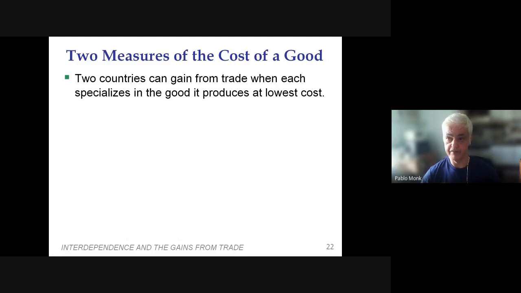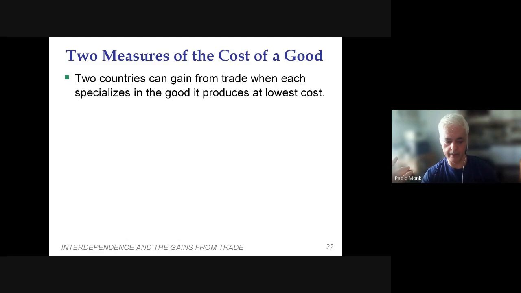Why? Because each country can specialize in the good that it can produce at the lowest cost. So even though maybe you don't have an advantage compared to the other country, when you look at two products, in this case wheat and computers, you can still decide, I do one better than the other. And in this case, better means cheaper. I can make A cheaper than B, or I can make B cheaper than A.